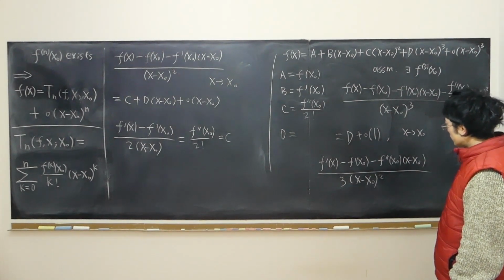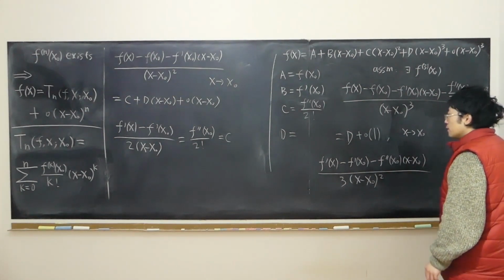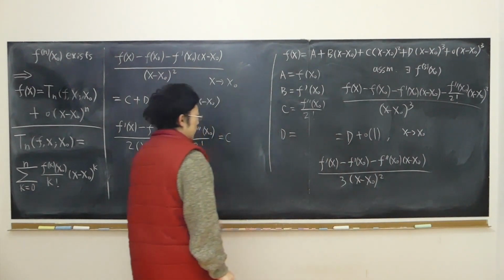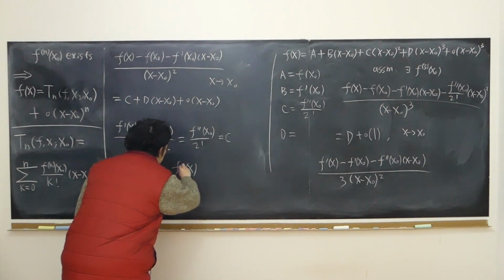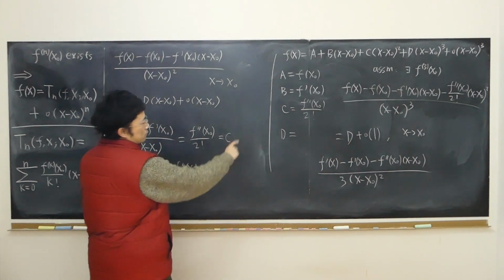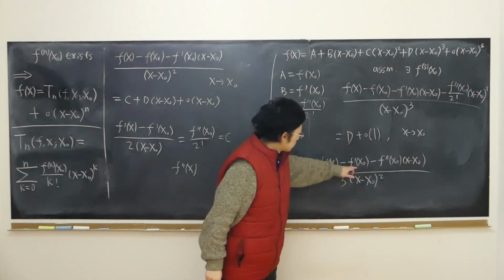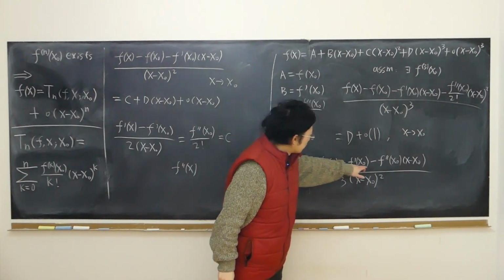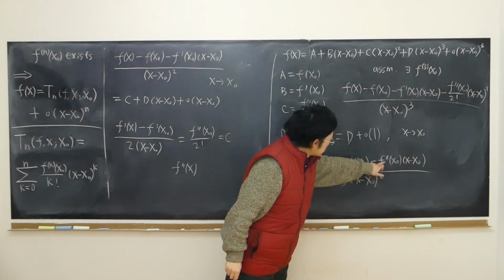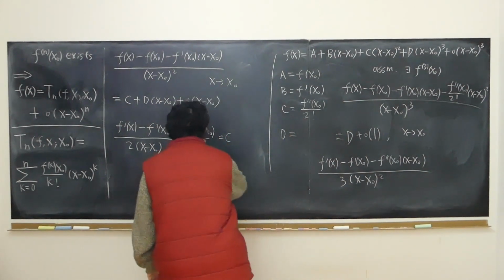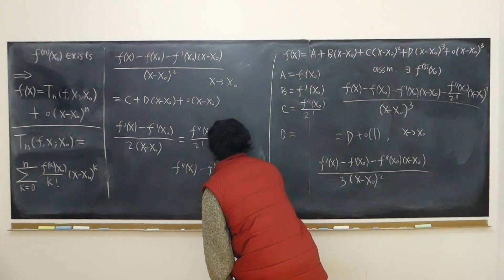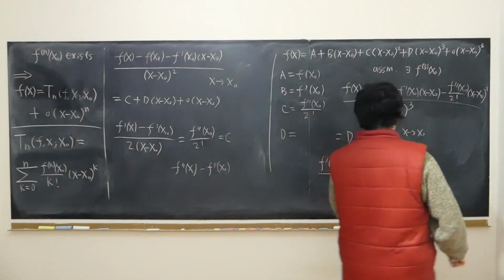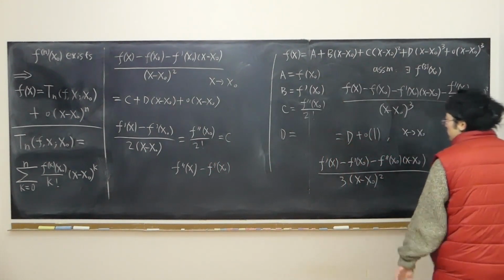So we differentiate again. It becomes f double dash of x minus a constant term. This fixed x naught, constant term gone, so minus f double dash of x naught, a constant times this polynomial.